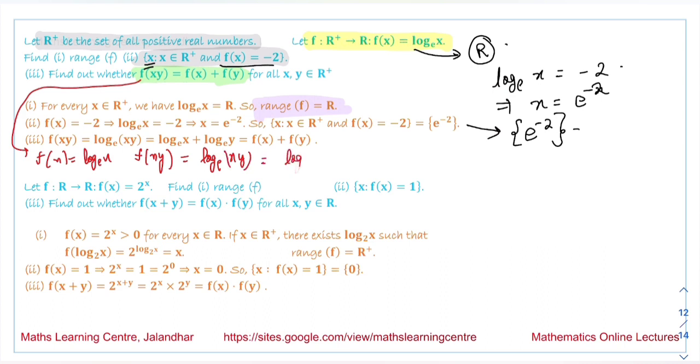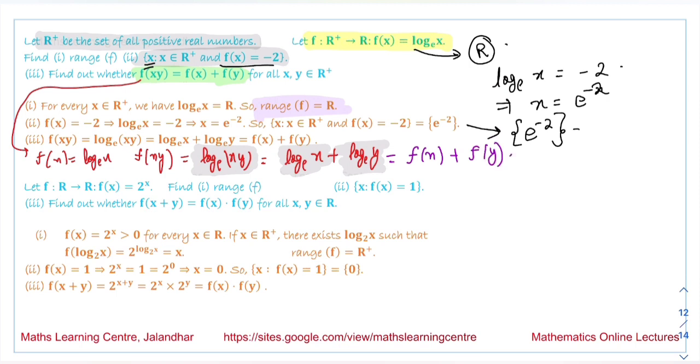This is equal to log to the base e x plus log to the base e y. This is by the properties of log. For these properties you can refer to the videos related to logarithms. And this is equal to f of x plus f of y.